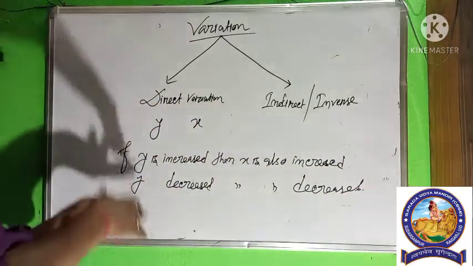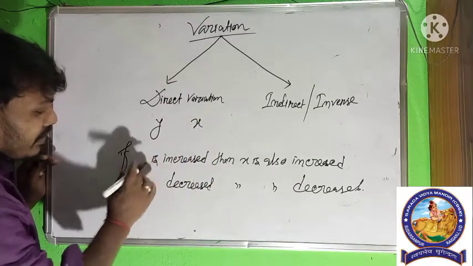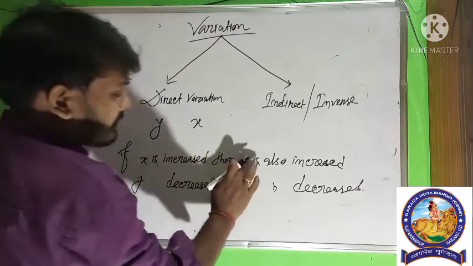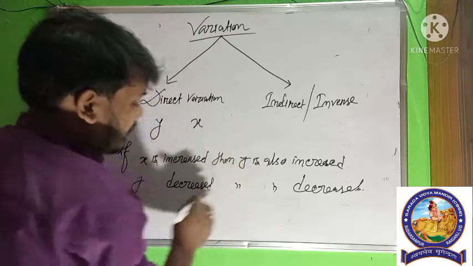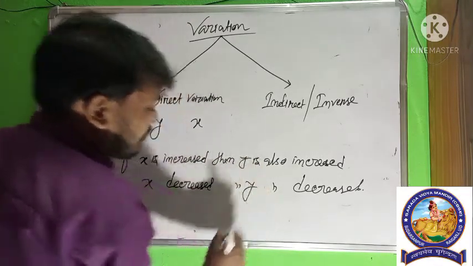Or in other words, if the value of x is increased, then the value of y is also increased. If the value of x is decreased, then the value of y is also decreased.